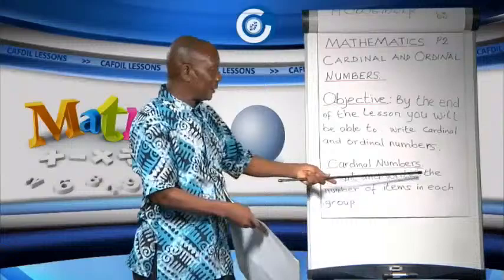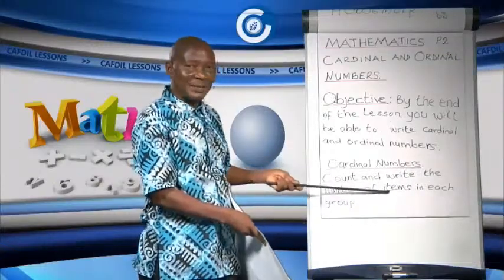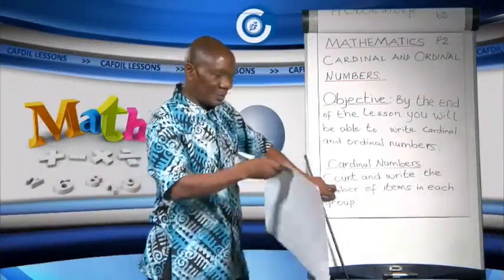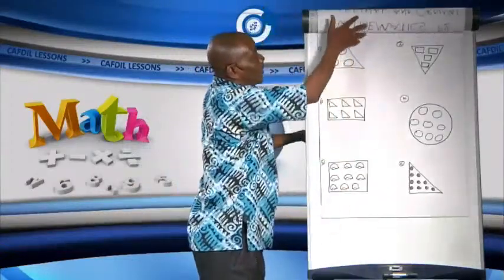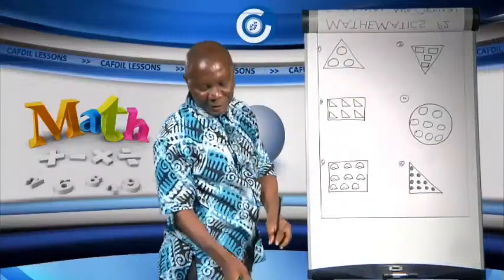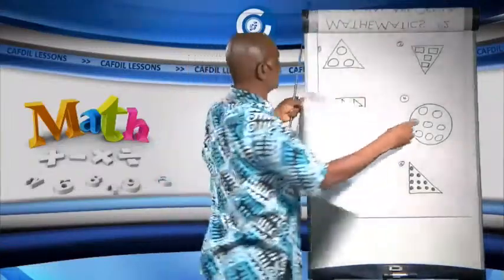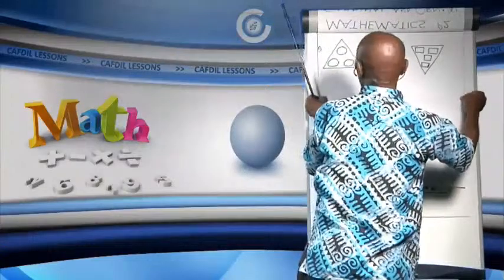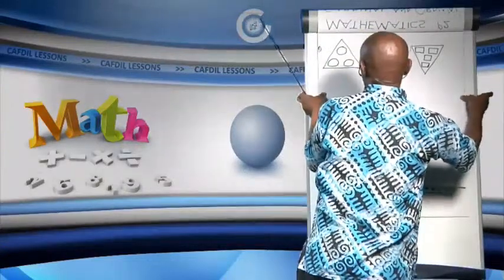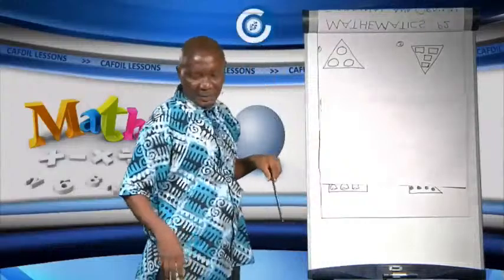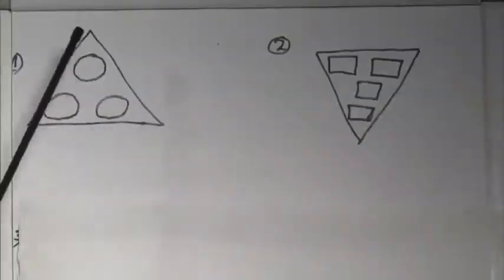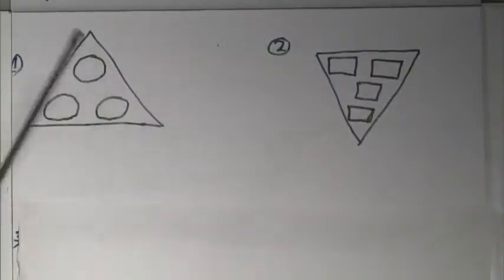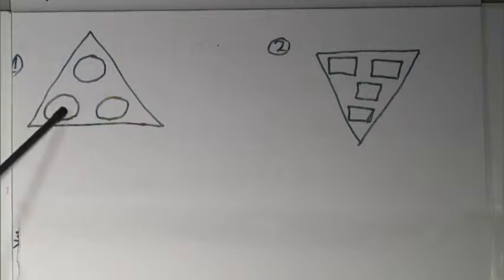Count and write the number of items in each group. How many members do you have in the first set? 1, 2, 3.